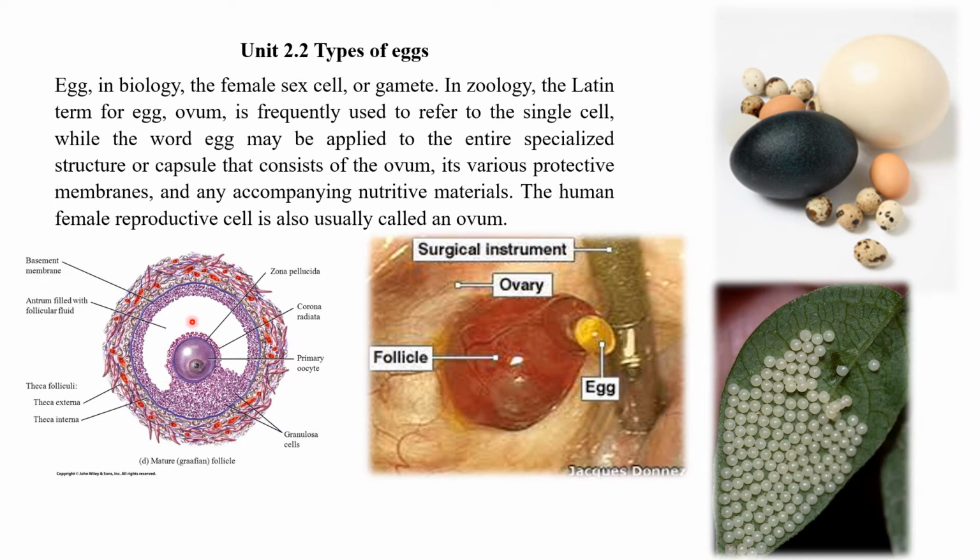In mammals, the ovum will be surrounded by many layered cells, and the mature ovarian follicle in mammals is called the Graafian follicle, named in honor of the man who first described the structure of the mature ovarian follicle in mammals.